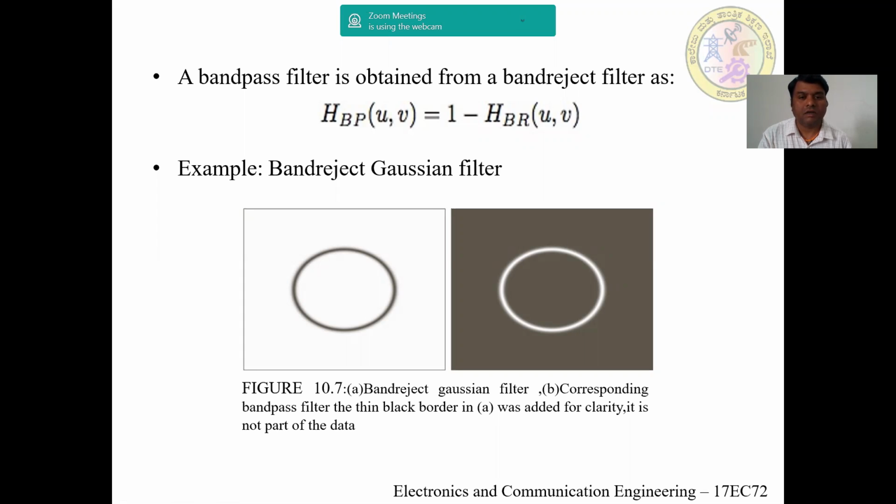Figure A is a band reject Gaussian filter. B is the corresponding band pass filter. The thin black border in A was added for clarity. It is not a part of the data.